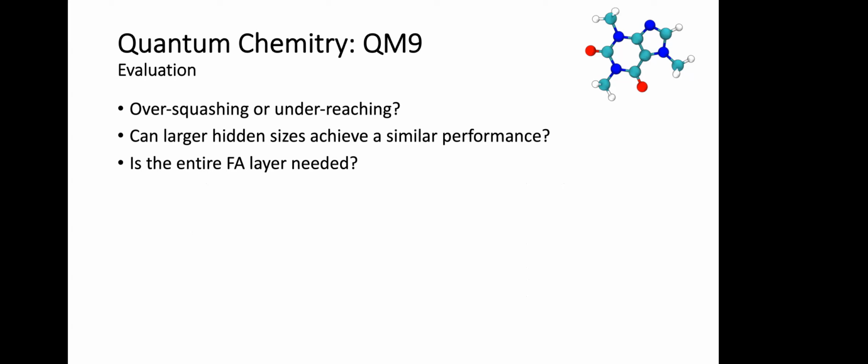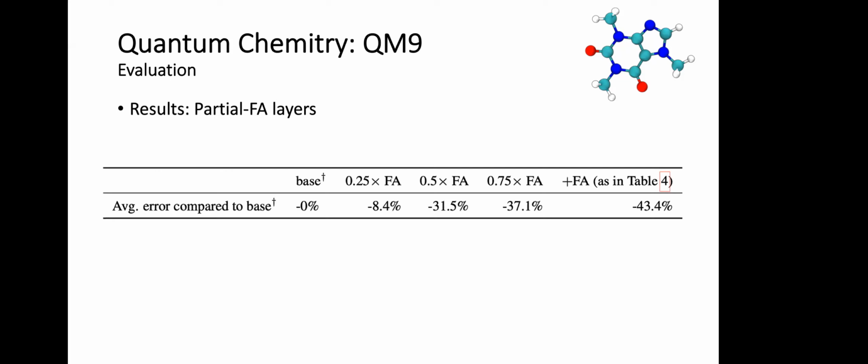And the third question they explored is, is the entire fully adjacent layer needed? So this is their experiment. They experimented with using only a sampled fraction of edges in the fully adjacent layer.